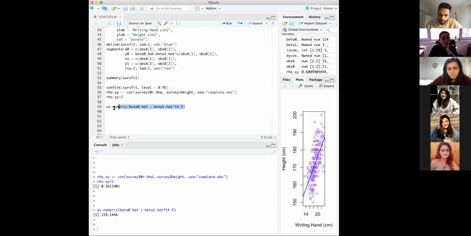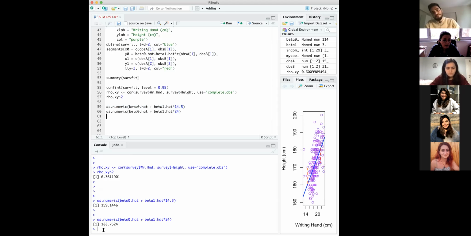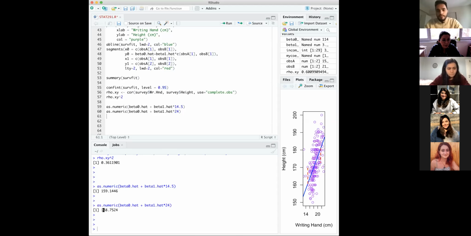Or I can also predict something else. Let's say instead of 14.5, I want to see if my hand span is 24, which is bigger. What is my height? It is 1 meter 88 centimeters in here. Is there a function to get the confidence interval for what we are estimating?